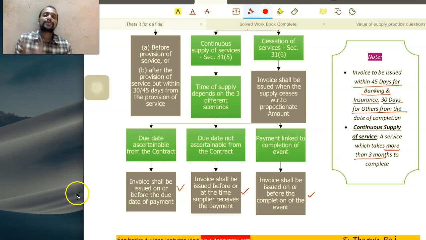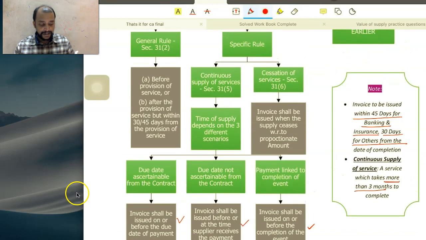Now, that institution might retain the fees with respect to 3 days and the remaining amount will be refundable. Say for example, for the 3 days, 500 rupees is retained out of 2000 rupees and the balance 1500 is refundable. For that 500 retained, immediately upon cessation, the invoice should be issued. That is, in cessation of service, the invoice shall be issued when such supply ceases, with respect to the proportionate amount.